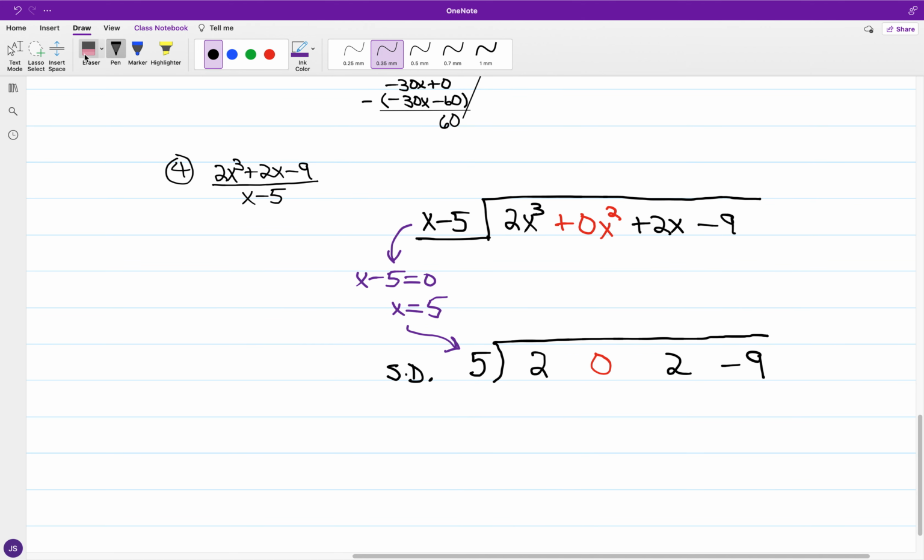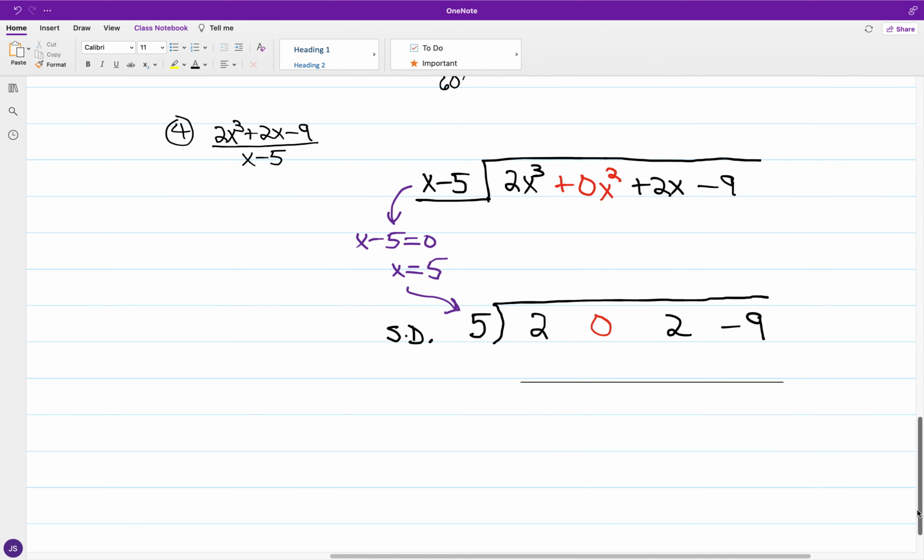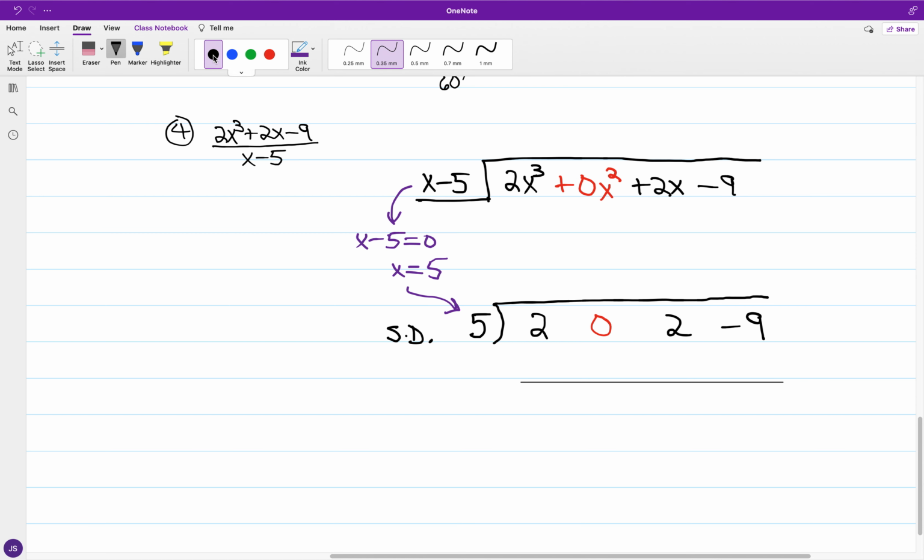Looking at synthetic division, you're looking at column by column addition as opposed to row by row subtraction. So we've got 5 as the 0, and the first coefficient in the dividend is going to be the first coefficient in the quotient. So I'm going to bring down 2, and then we have 5 times 2 is 10, and that will be brought over to the next column and added.